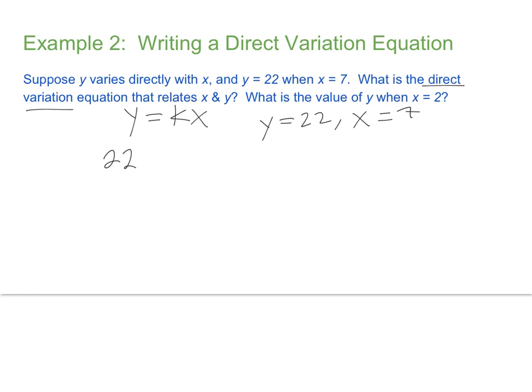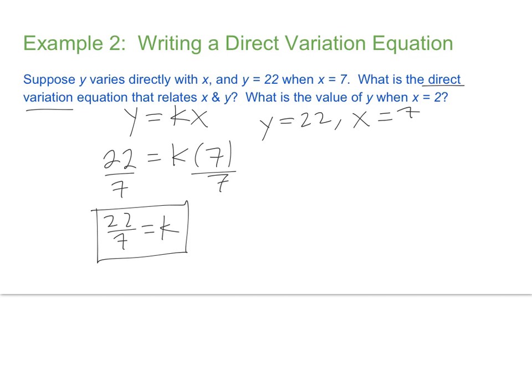So y is 22 when x is 7. If I divide both sides by 7, I end up with 22/7 equals k. So that is the constant of variation.